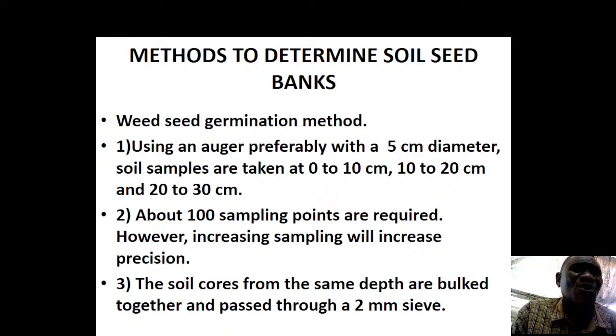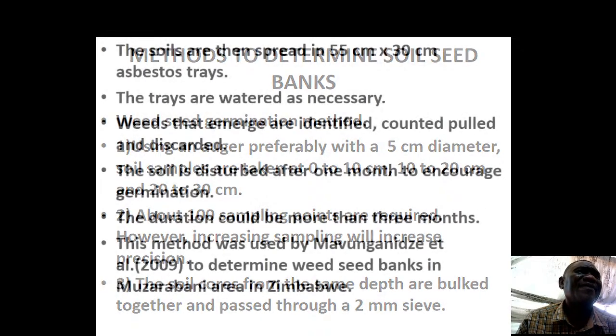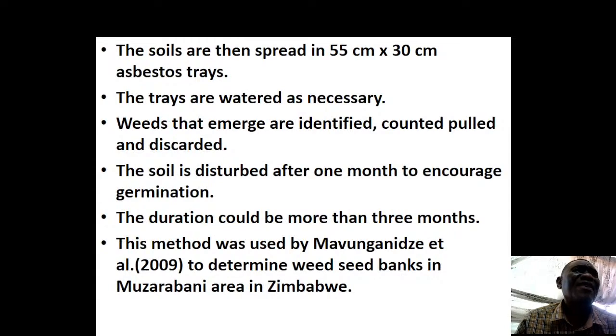So the soil cores from the same depth are bulked together and passed through a sieve. The soils are then spread in asbestos trays. Then the trays are watered as necessary.